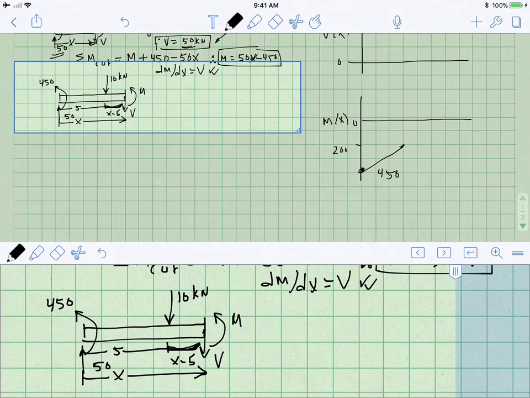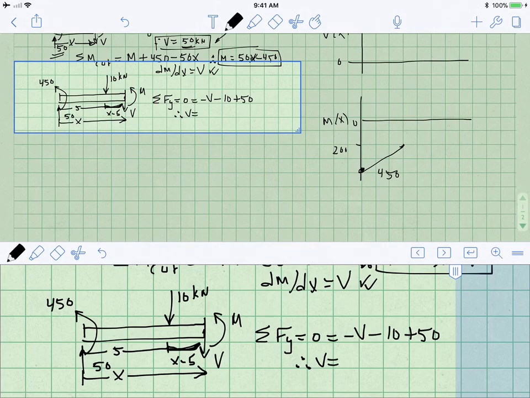All right, so we know what to do. We're going to write our equations of equilibrium. We're going to sum the forces in the y direction, set them equal to 0. And so we get minus shear minus 10 plus 50 is 0. Therefore, shear is equal to 50 minus 10, which is 40 kilonewtons.